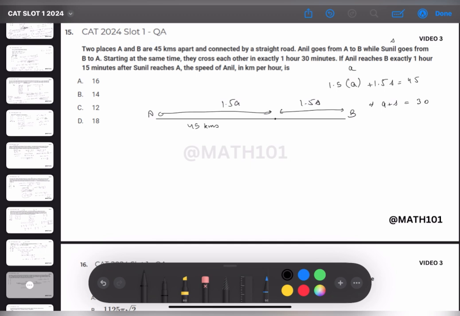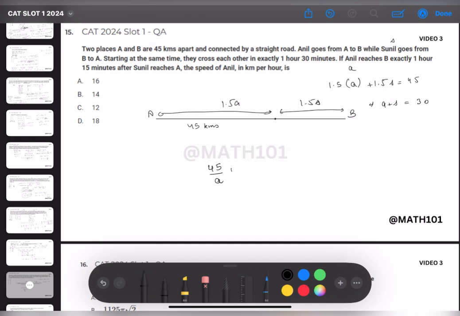If Anil reaches B exactly 1 hour 15 minutes after Sunil reaches A, so Anil reaches B in 45 by A hours.